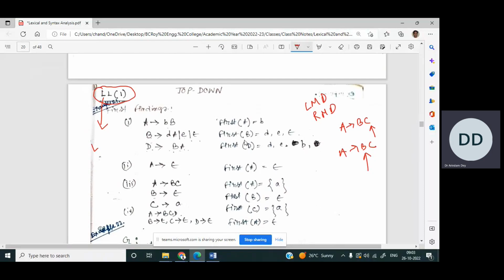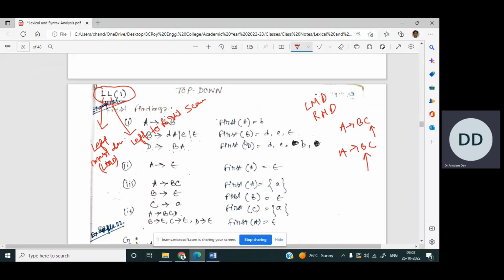Now the first L stands for leftmost derivation or LMD, and the second L stands for left to right scan. Okay, sorry, actually I had interchanged this position.